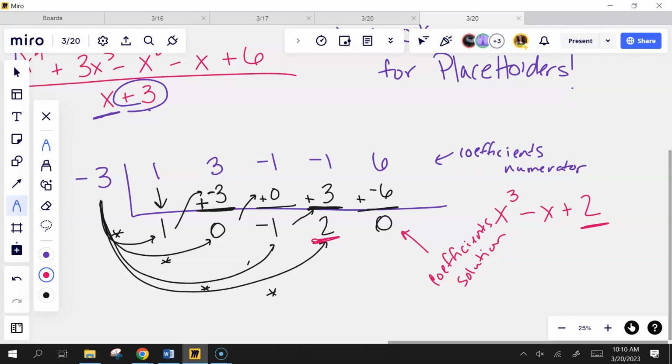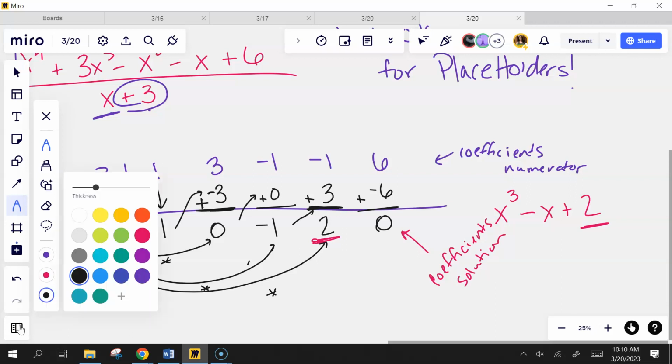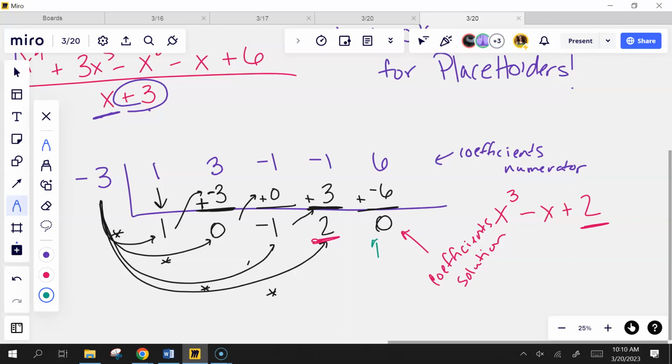You start at the far right, and so this is remainder, constant, x, that's right, and it would keep going. So my answer when I divide this would be 1x cubed. There's no x squared, so I leave it, minus 1x, plus 2.